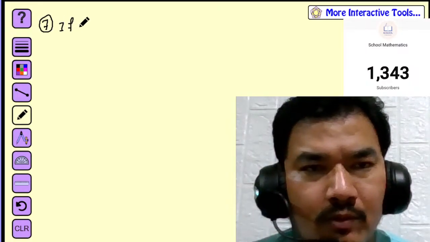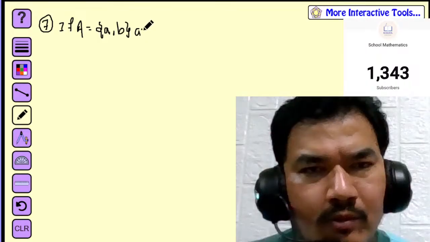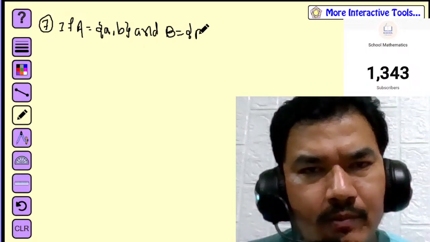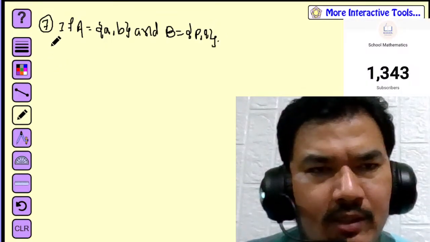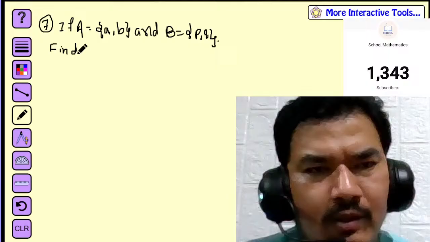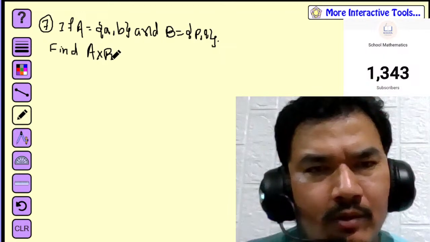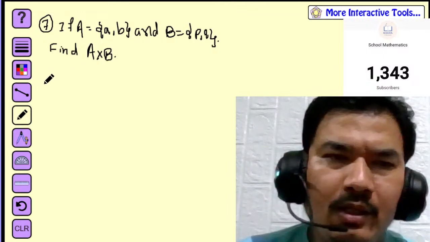If A equals {A, B}, and B equals, suppose there is given {P, Q}, and if it asks to find A cross B, then what to do here, children?